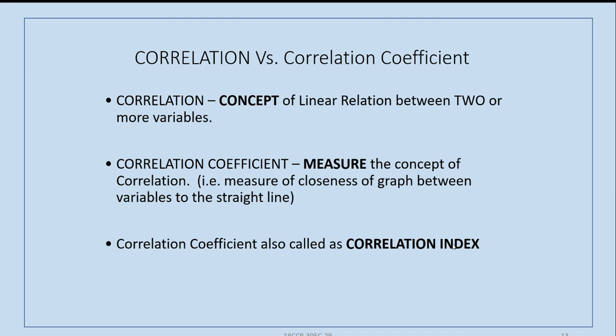And correlation coefficient is the measure of concept of correlation. So the measuring part is called correlation analysis. We are trying to measure the degree of relationship, that is analysis. And if there is relationship, that is called correlation. So correlation coefficient is also called as correlation index.